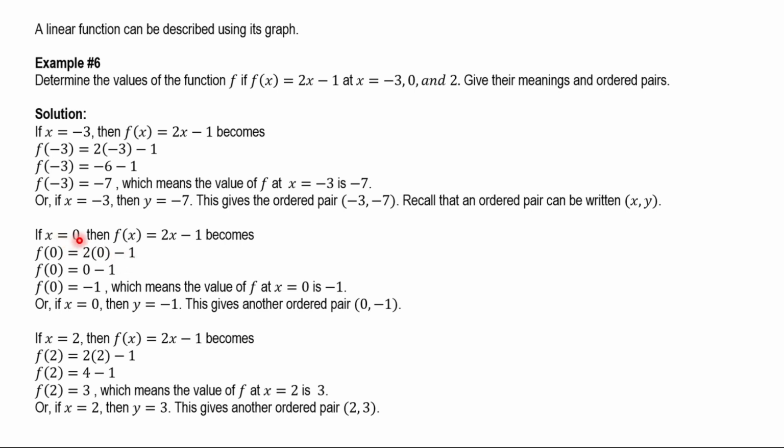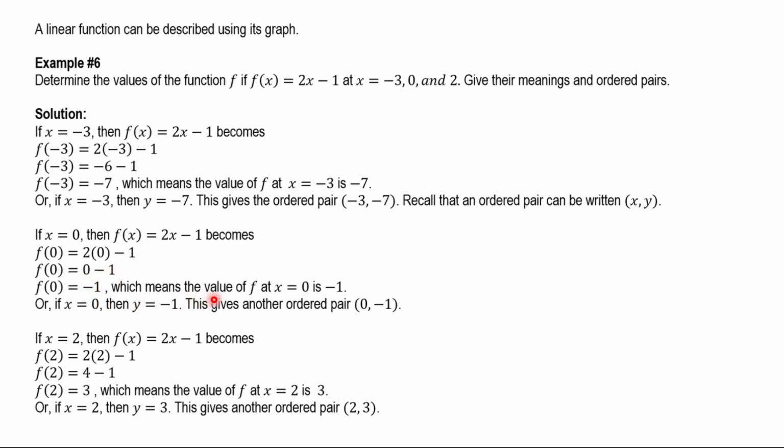So our 0 is substituted for x. So it becomes f of 0, then 2 times 0 minus 1. So that's it. F of x equals 0 minus 1 because 2 times 0 is 0. So our f of 0 now equals negative 1. 0 minus 1 is negative 1.